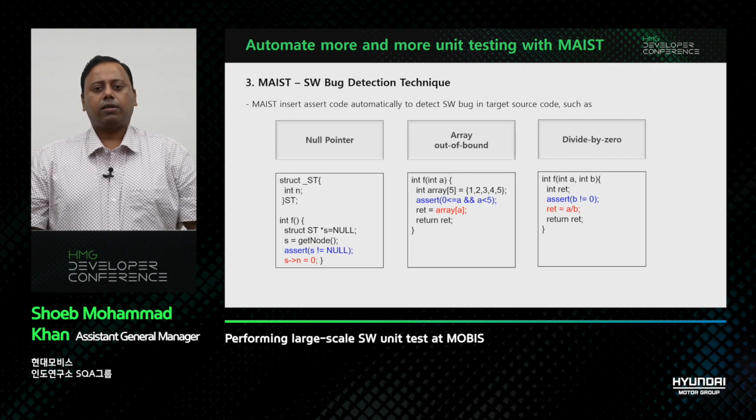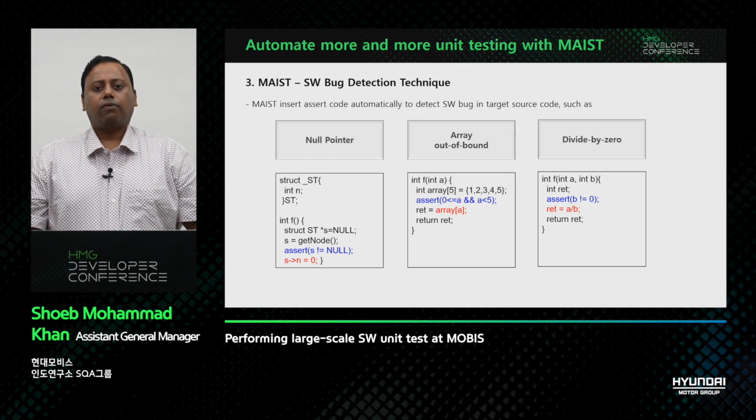Similarly, in a scenario involving array out of bound, MICE automatically inserts assert code before accessing an array index named A. If the value of the array index A exceeds the bound of the array, for example surpassing a range of 5, the assert result will register as failed, and the test log will comprehensively capture the details of the test case failure.